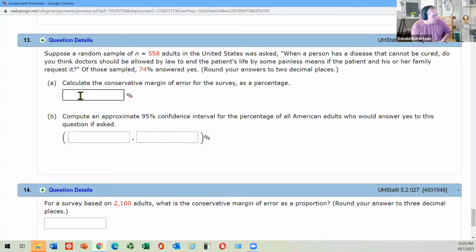And to 2 decimal places, which is what I believe they're asking for here, it's 46.57. And the percentage sign is already there.